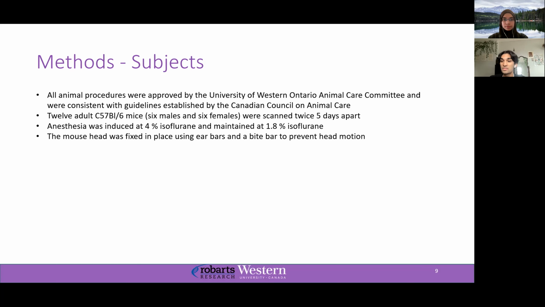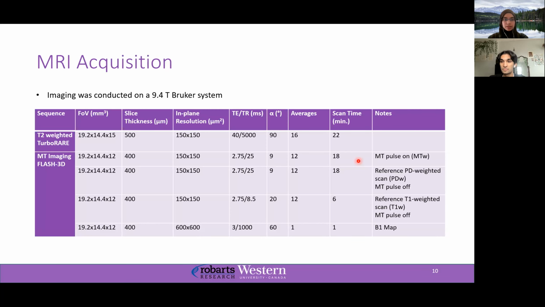The mouse head was fixed in place using ear bars and a bite bar to prevent head motion. Imaging was conducted on a 9.4T Bruker system, and these are all the scan parameters which were used to acquire the T2-weighted TurboRARE anatomical imaging and the MT imaging with a FLASH 3D sequence. A B1 map was also acquired to correct for local variations in the flip angle.